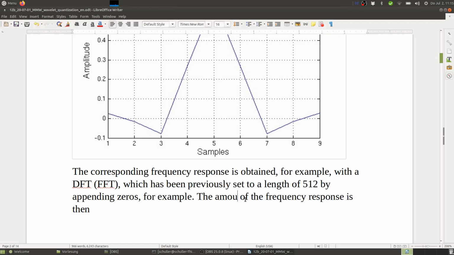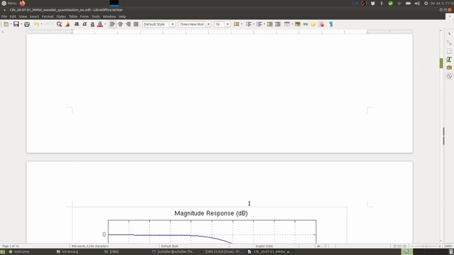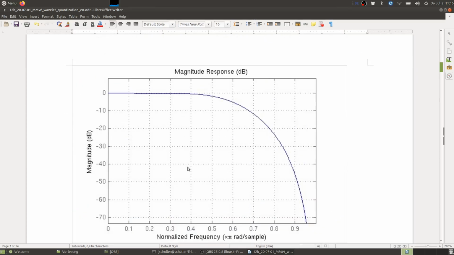The magnitude of the frequency response can then be seen here. We can see this is the pass band, which looks quite nice. Then we have a relatively wide transition band, and then we get relatively high attenuation close to the Nyquist frequency. Here we have Nyquist.